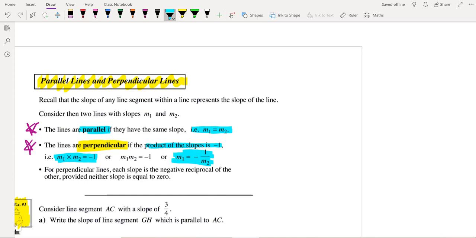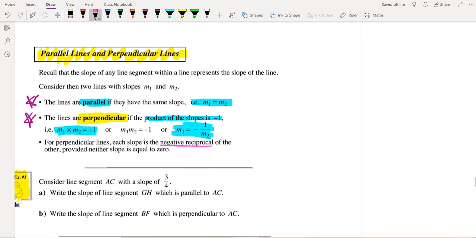This -1 over the slope is called a negative reciprocal. We will use both of these equations depending on what the question is asking us, and I'll put these into context in a moment.